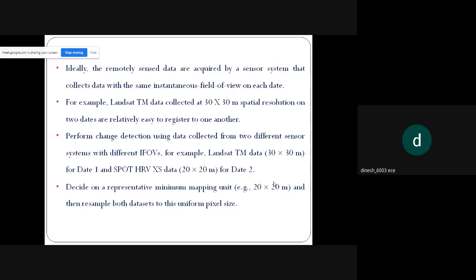So the performance of change detection using the data collected from 2 different sensors with 2 different IFOVs can also be visualized. So we need to decide which one is the best to record it, whether the first date or the second date.